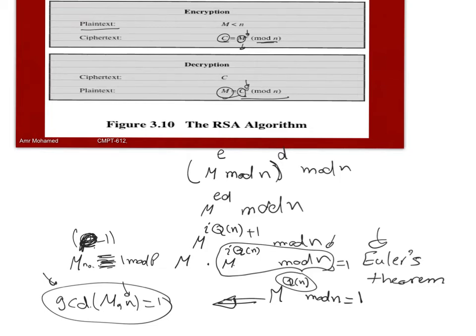In practice, it can be achieved easily, which means the reversibility of this algorithm is perfectly possible. And again, the robustness of this algorithm comes from the fact that you don't know p and q, therefore you cannot easily calculate the totient of n. That's the main issue.